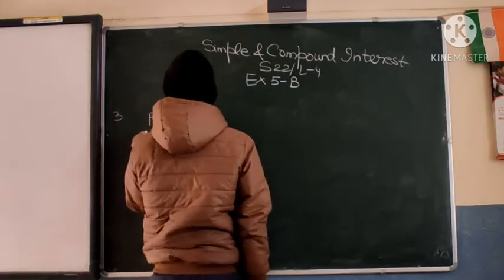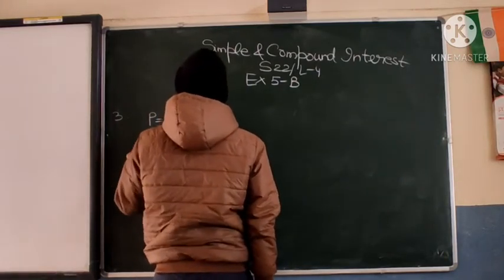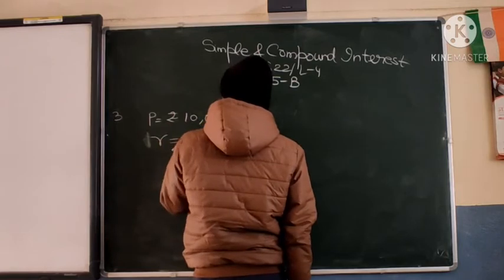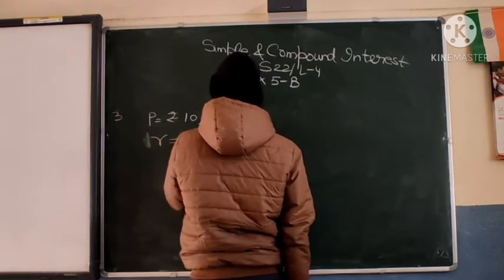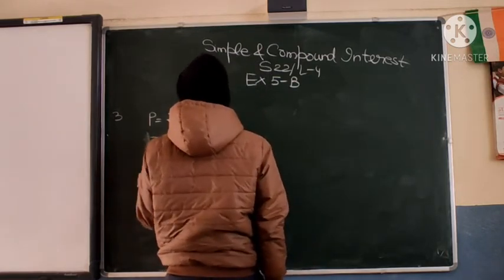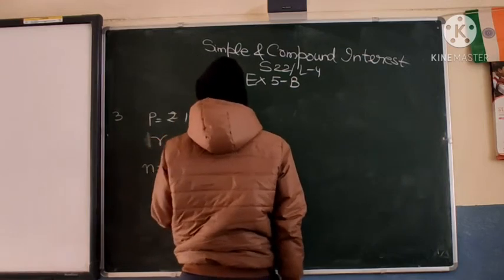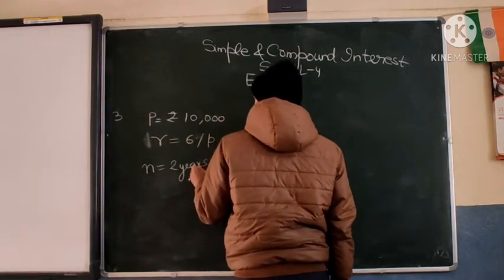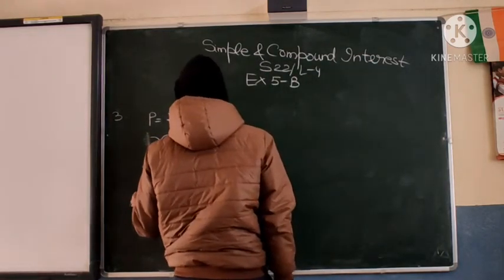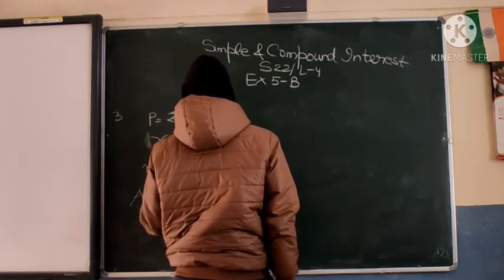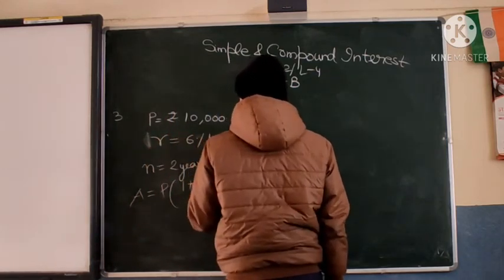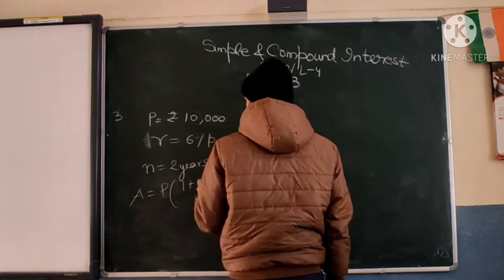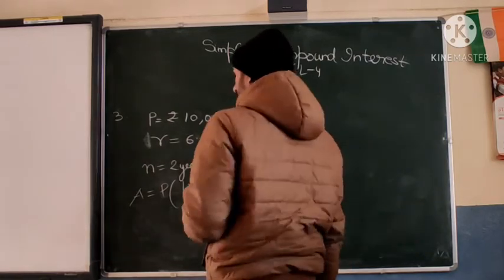Rate of interest is 6% per annum. Time is 2 years. Amount is P times 1 plus R by 100 to the power n.